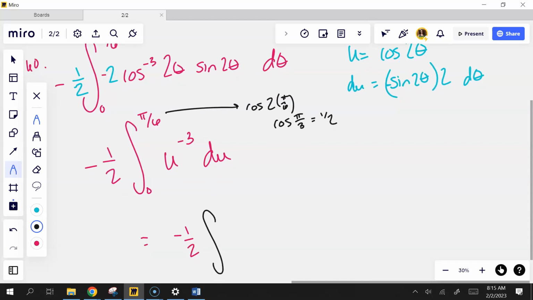Yes. No, multiply it first and then find the cosine. This is just the cosine of 0, which is 1. Oh, yeah. All right, u to the negative 3 du.